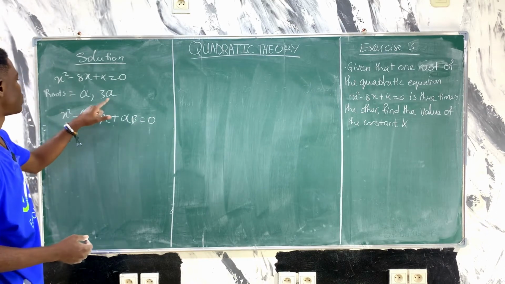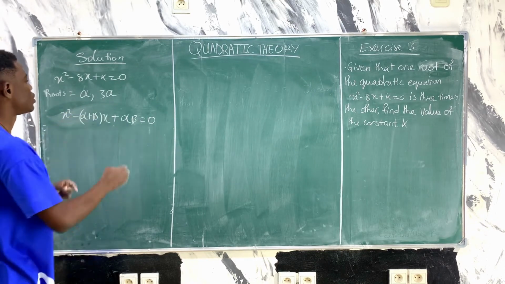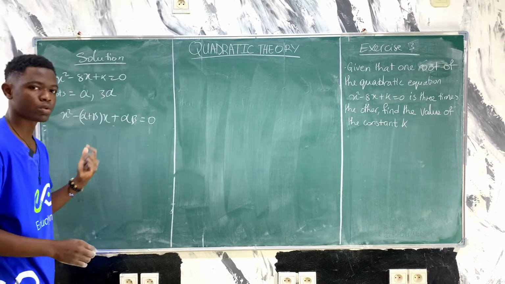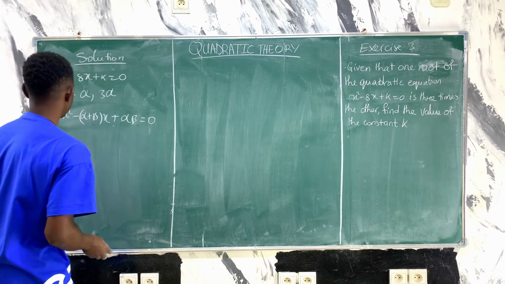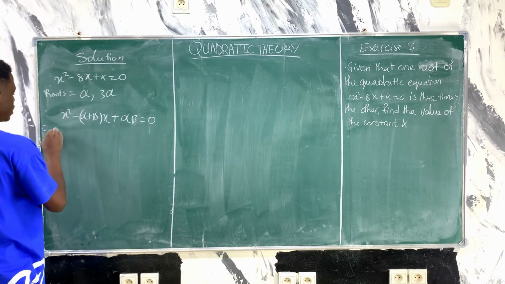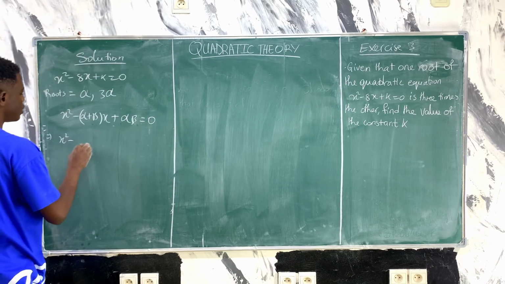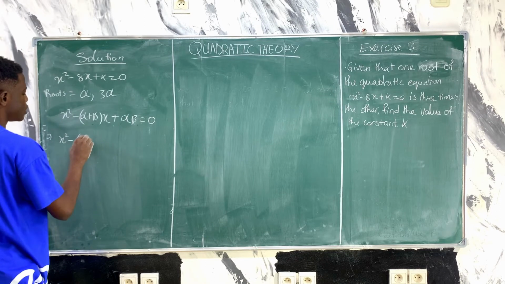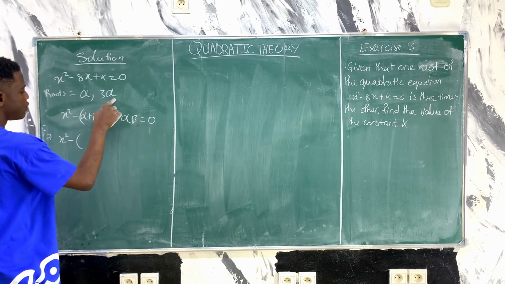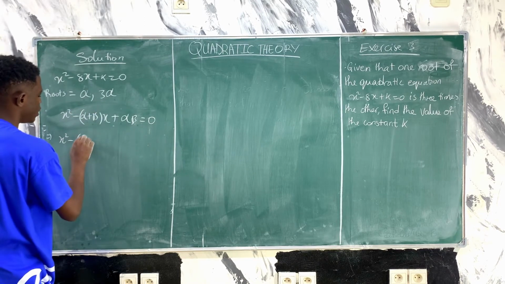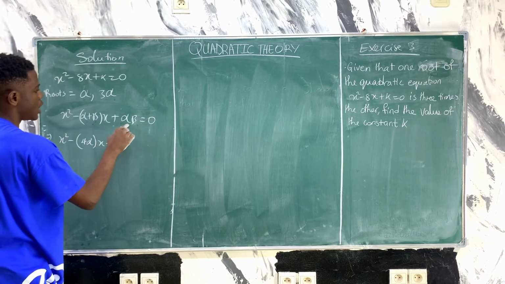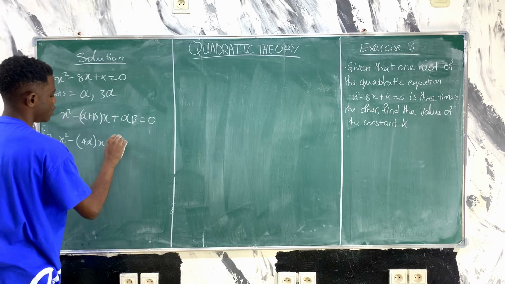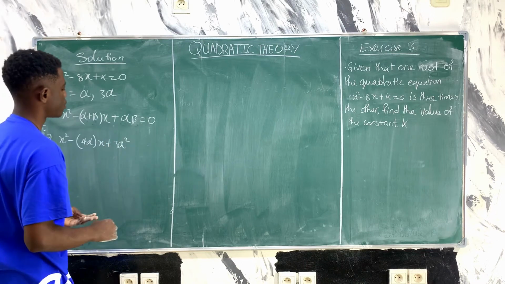In this case, beta is 3 alpha, because the first root is alpha, the second root is 3 alpha, because we said one root is 3 times the other. So we have x squared minus alpha plus beta, which is alpha plus 3 alpha because our beta is 3 alpha. So 4 alpha here, x plus alpha beta, which is 3 alpha squared.